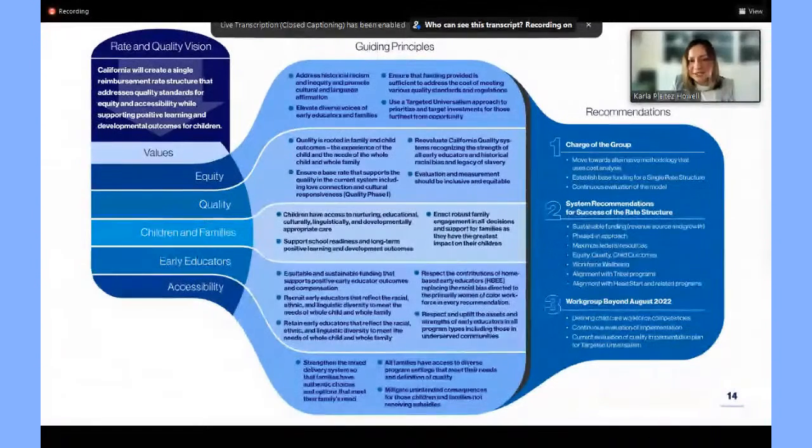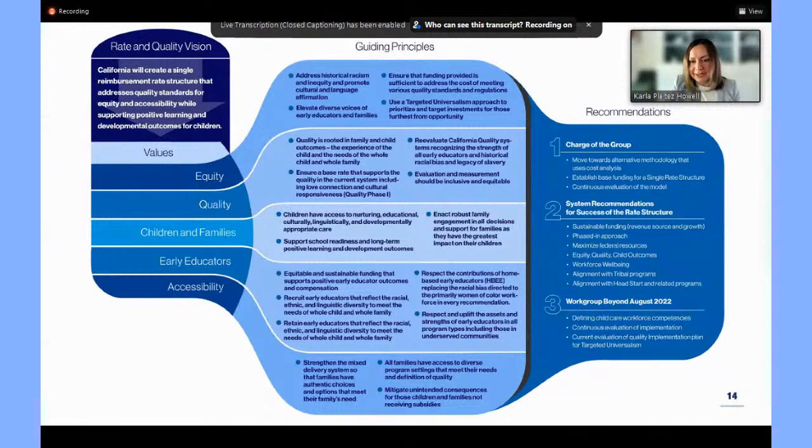Second, continuous evaluation of the implementation of the single rate structure and alternative methodology. Many of you have lifted up the importance of transparency, making sure that the data exists somewhere publicly, and then how will it be evaluated?